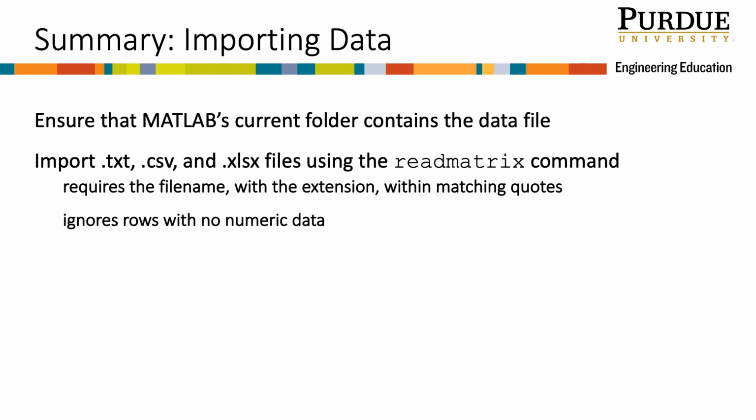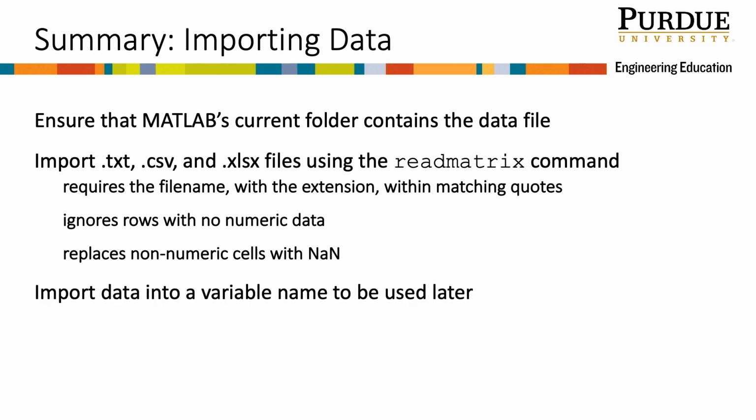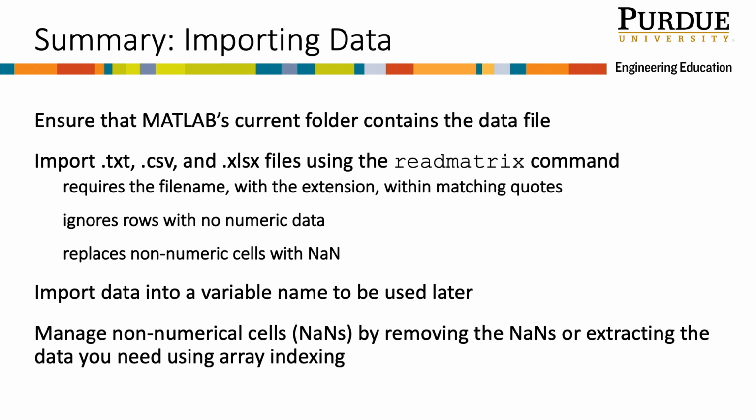For rows that do contain numeric data, readmatrix will replace any non-numeric cells with NaN, which means not a number. When loading data, import the data directly into a variable name so that it is usable in future MATLAB commands. Finally, manage the non-numerical cells, the NaNs, by removing the NaNs or extracting the data you need using array indexing.